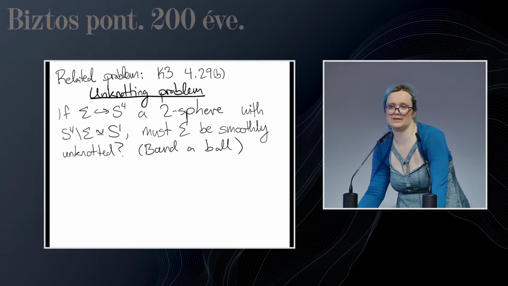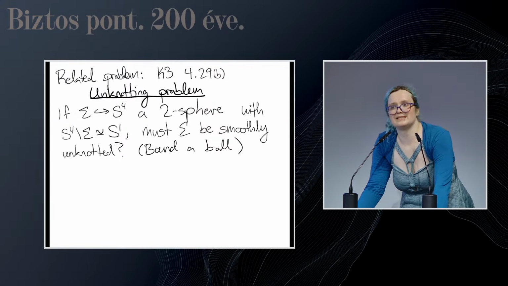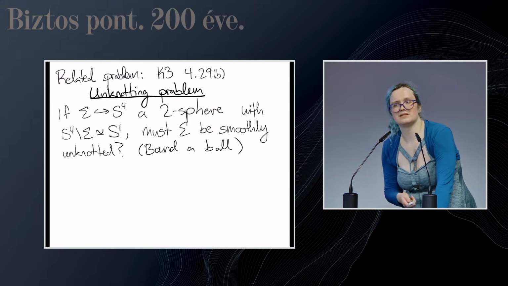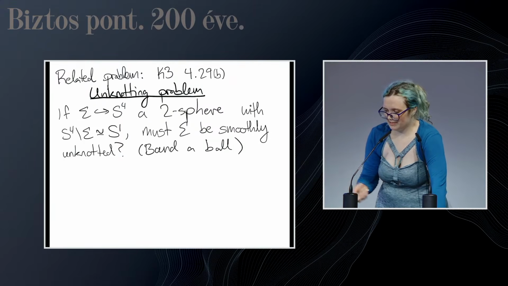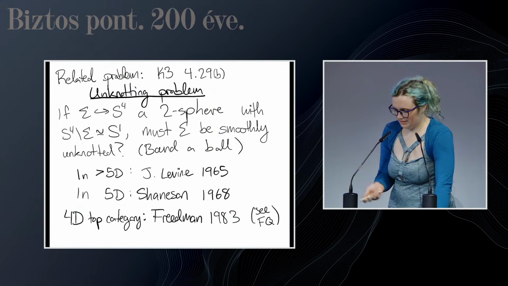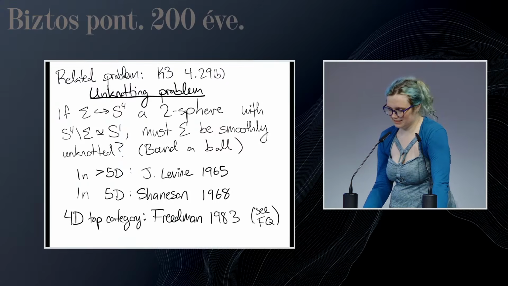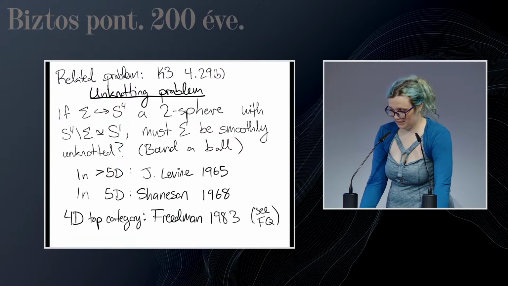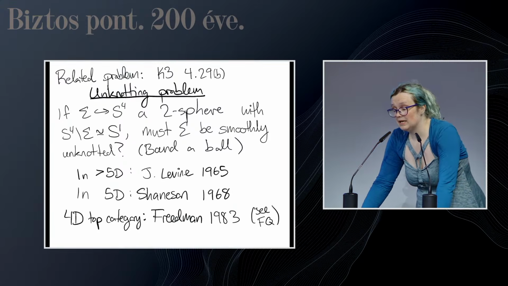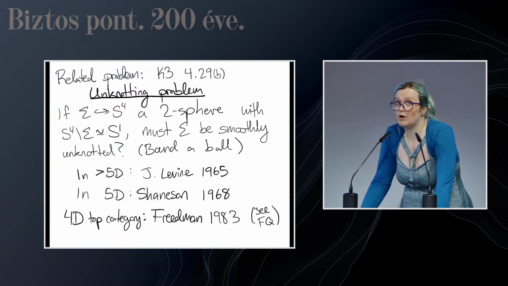That's the question. And it's kind of a coincidence in this dimension that for the unknot, pi1 actually determines the homotopy type. I wrote it like this because in higher dimensions, the answer to this unknotting problem is yes, even smoothly. If I give you a smooth codimension 2 sphere in dimension at least 5, and I tell you the complement is homotopy equivalent to S1, then that implies my sphere is smoothly unknotted.